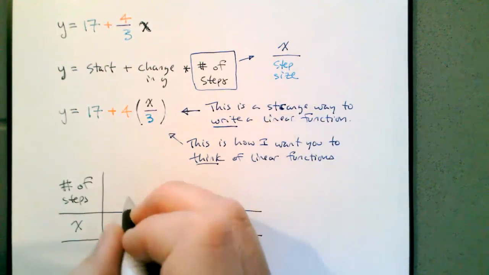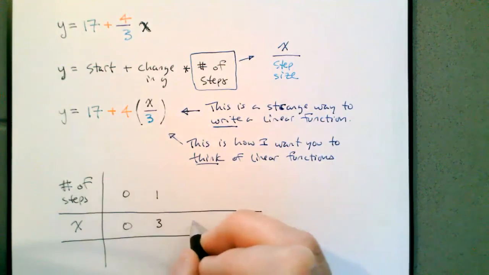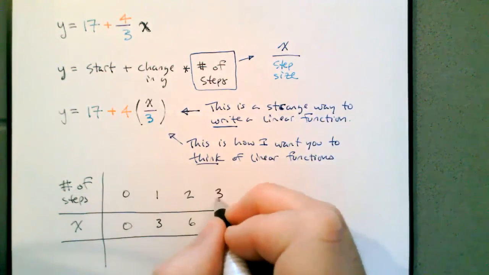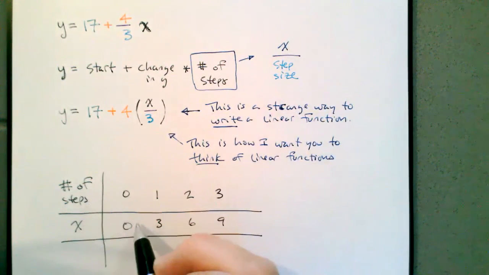When x is 0, we've taken 0 steps, but when x is 3, we've taken 1 step, and when x is 6, we've taken 2 steps, and when x is 9, we've taken 3 steps. Notice that the number of steps is just x divided by the 3, which is the step size.